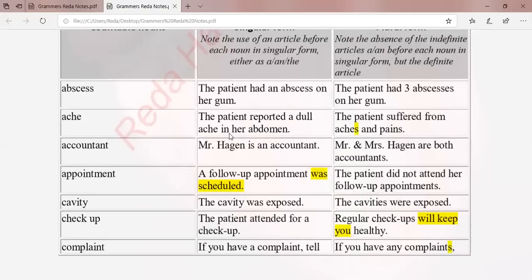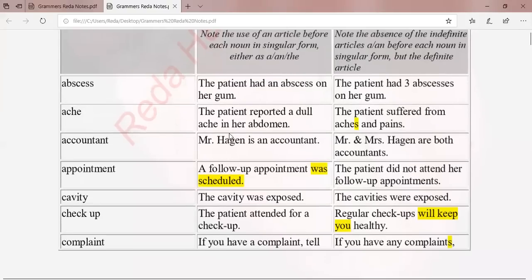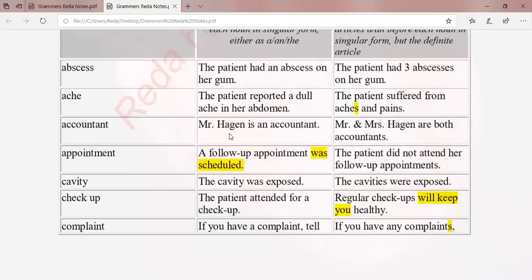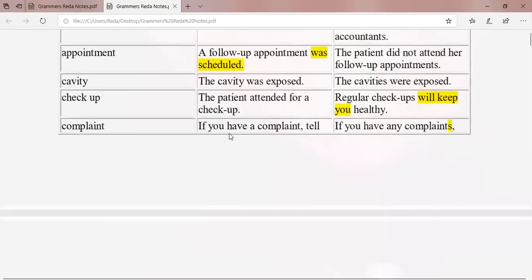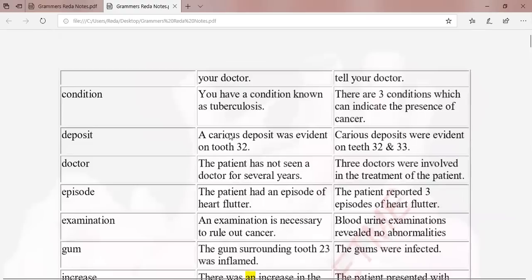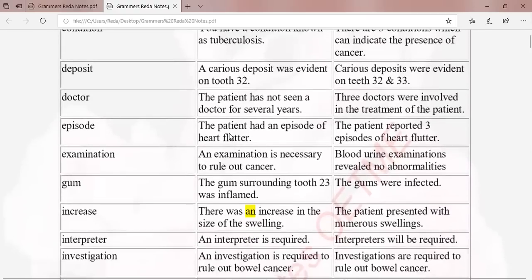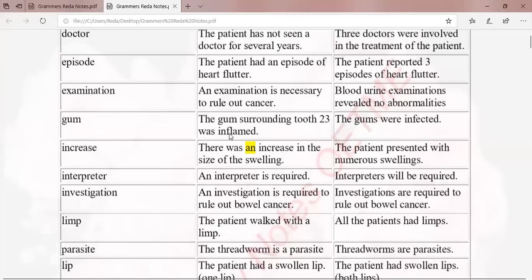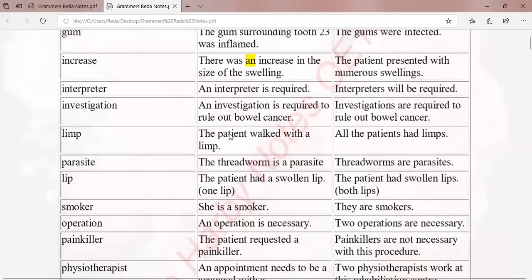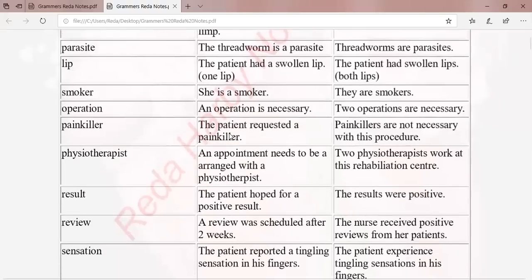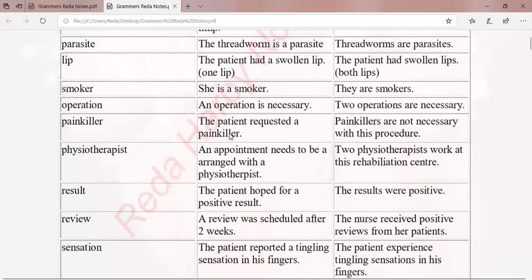You could say a checkup visit or a checkup, a cavity, a complaint, an appointment, an accountant, a severe ache, an abscess, a condition, a doctor, an episode, an examination, an increase, a smoker, he is a smoker, a painkiller was given.